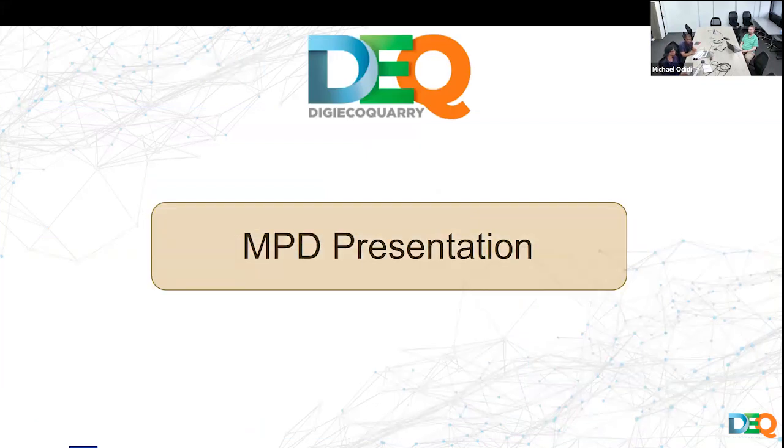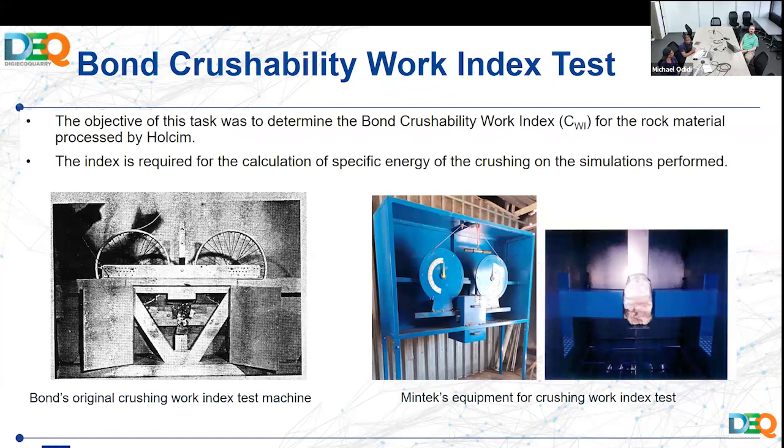Okay. Thank you, Michael. As he mentioned, we were involved with the characterization of the quarry rocks that were given to Mintek for this work. The main test that we did was the Bond crushability work index test, which feeds into the simulation work that Michael and William are working on for the calculation of the power consumption and the specific energy.